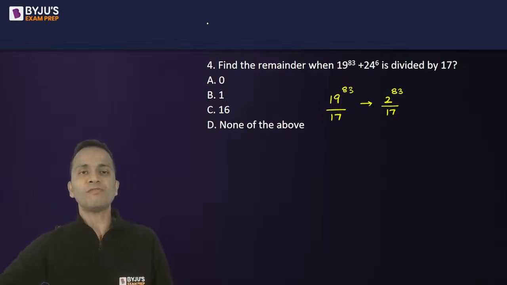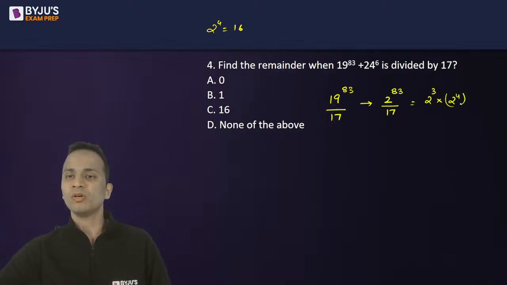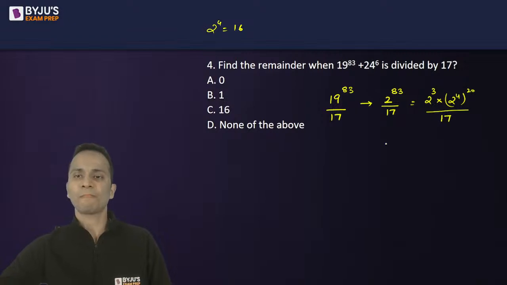Now 2 raised to the power 4 is 16, which is near to 17. So I'll separate out the fourth powers of 2. For that, I'll write 2 cube multiplied by 2 raised to the power 4 whole raised to the power 20, divided by 17.